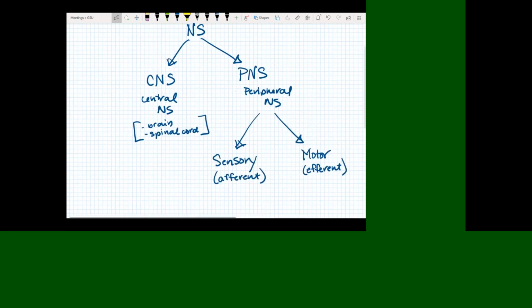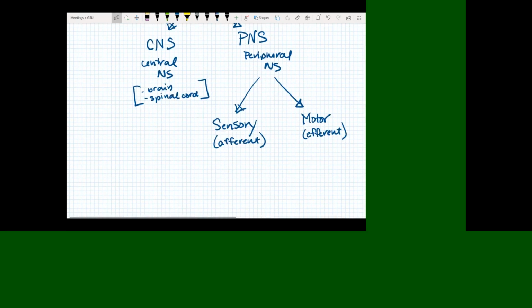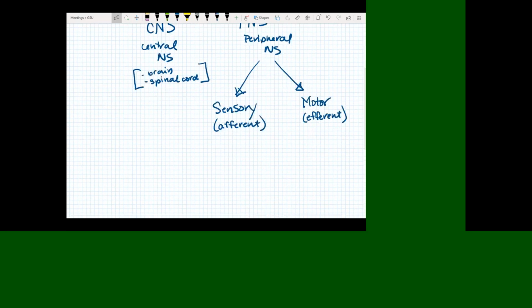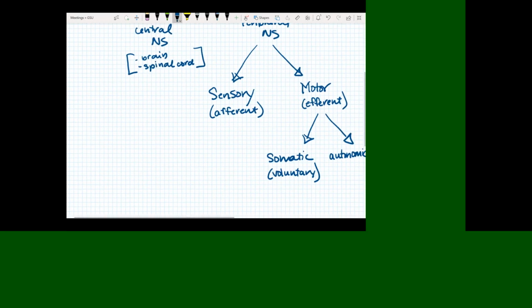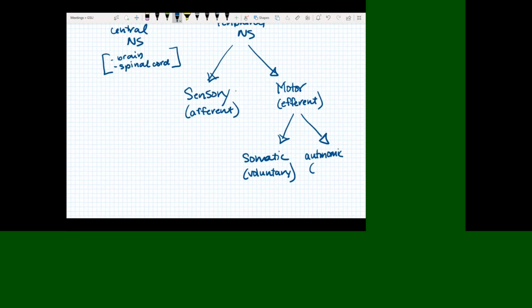So CNS and PNS, your PNS is split into sensory and your motor, and then your motor branch further will branch into two categories. And you will have your somatic motor movements, and this is going to be your voluntary. So this would be your skeletal muscle. And then you're going to have your autonomic. And so your autonomic movements are going to be the ones that are involuntary.